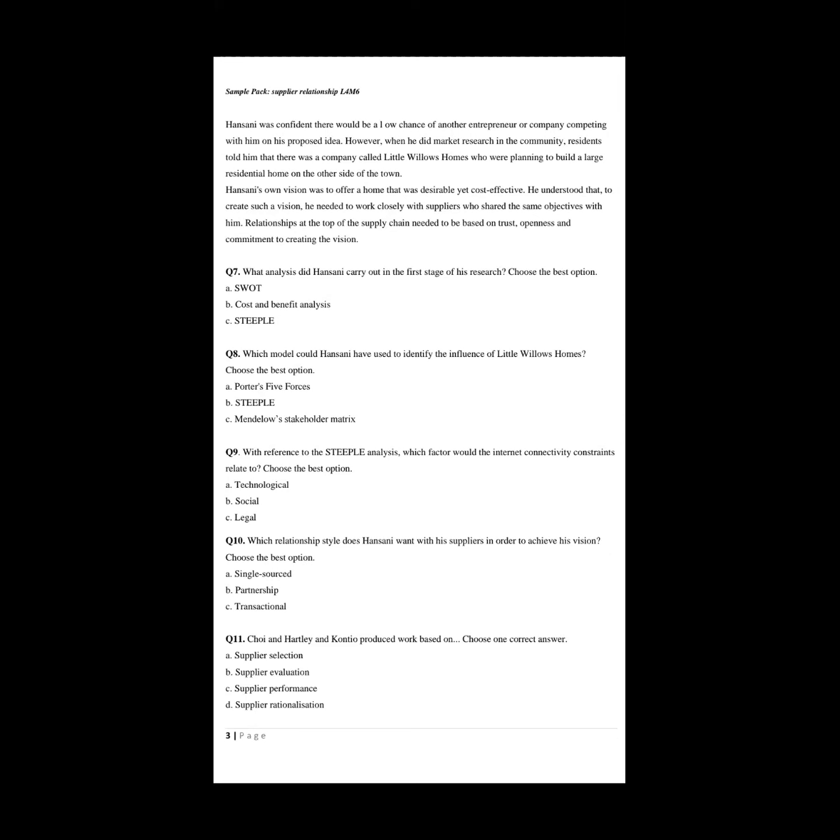Choi and Hartley and Contio produce work based on, choose one correct answer: supplier selection, supplier evaluation, supplier performance, supplier rationalization.